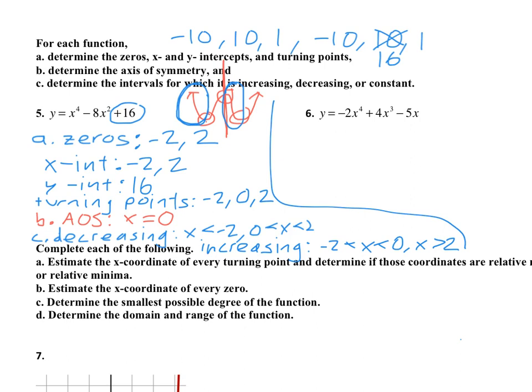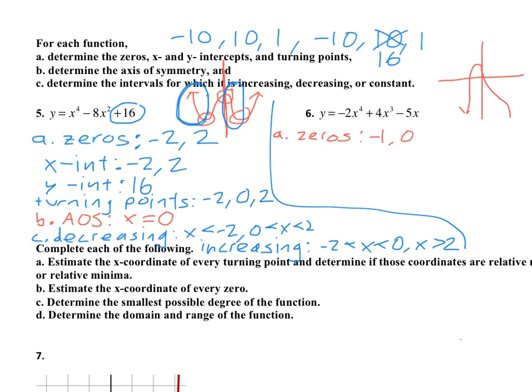Okay, put number 6 in your calculator. I'm going to make a rough sketch. So if you graph number 6, it looks something like that. So if you use the trace button, it has zeros around -1 and 0.